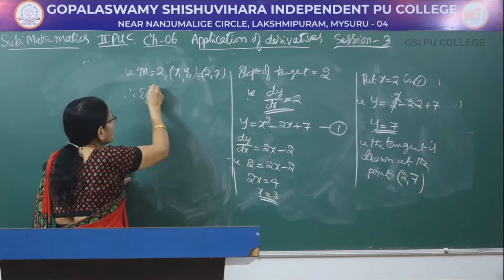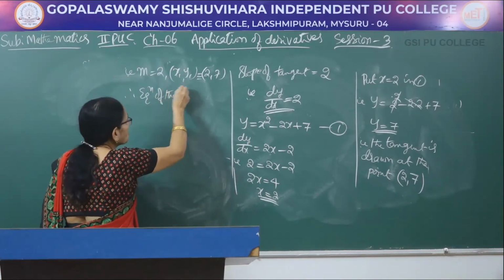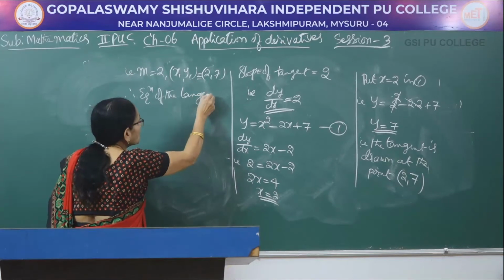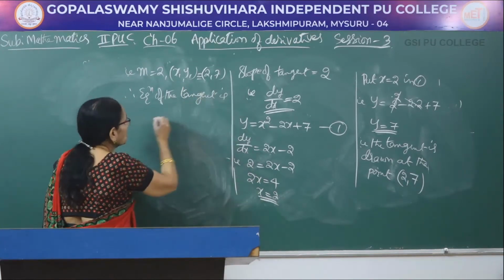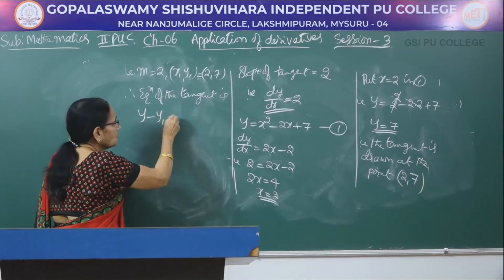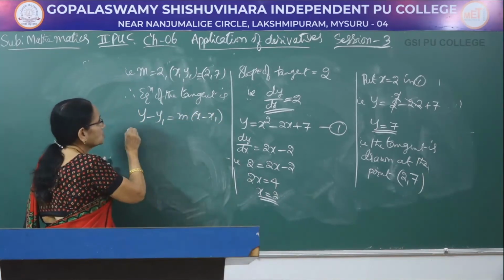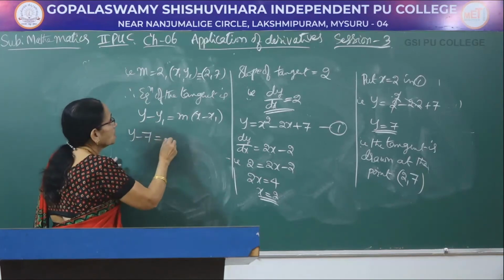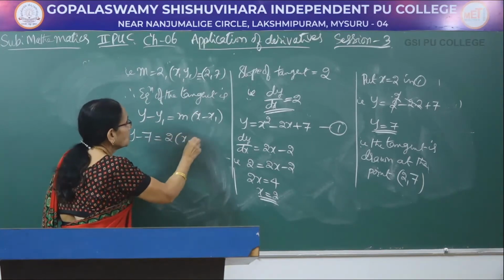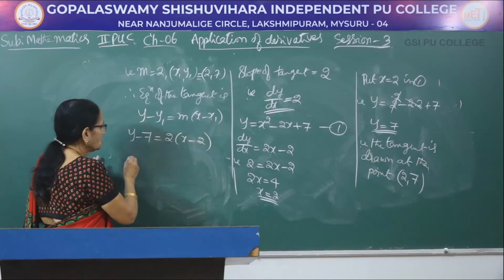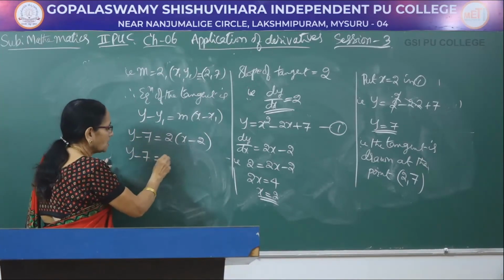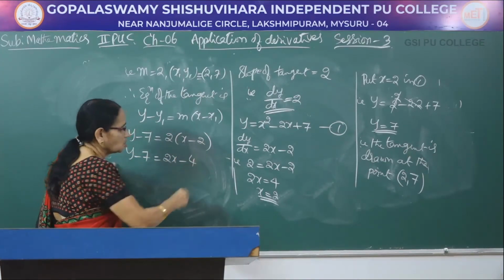Therefore, equation of the tangent is, if you want you can write the general form, though not exactly necessary. That is y minus 7 equal to 2 into x minus 2. Now simplify, don't keep it like this, 2x minus 4.